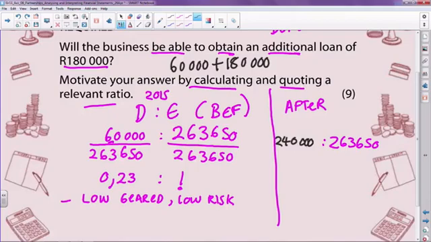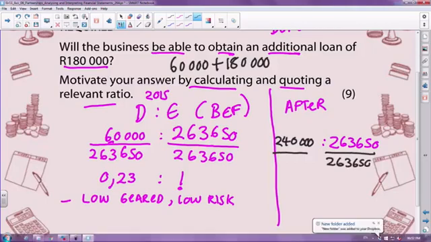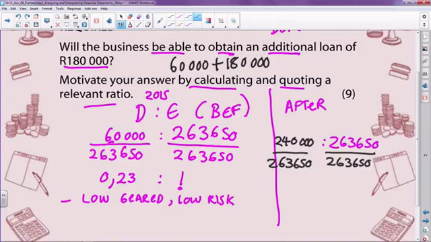Right, now if we calculate the ratio, I divide 240,000 by 263,650. Let's get the calculator out.